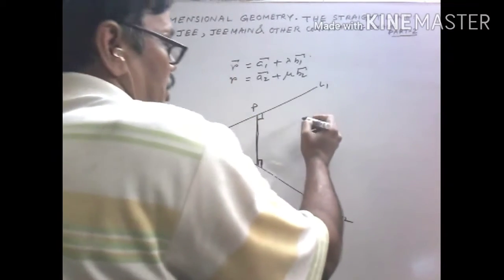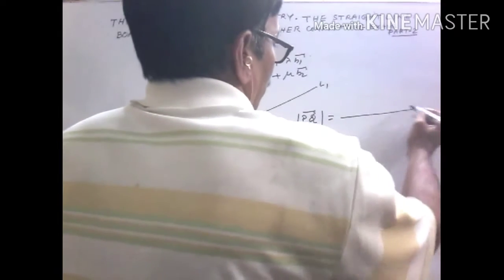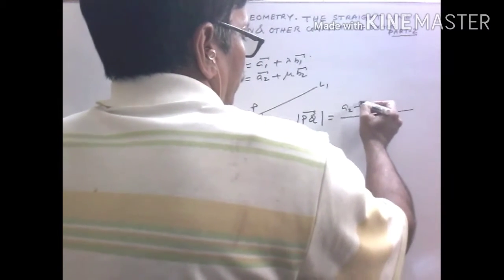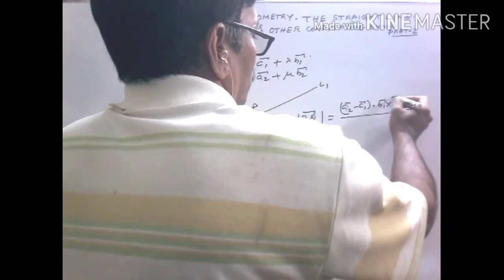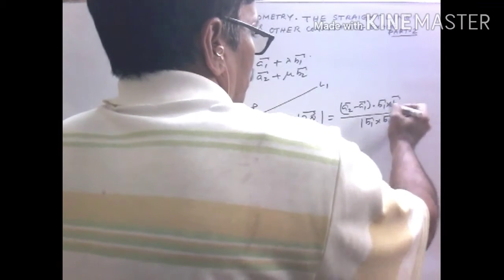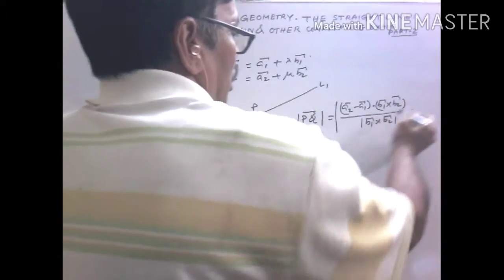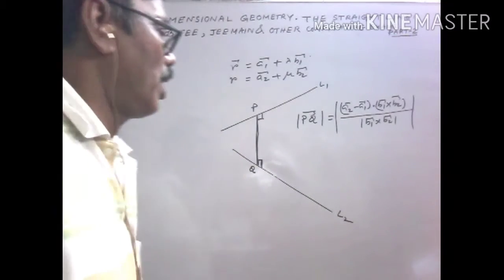And the formula of shortest distance: |PQ| equals |(a2 − a1) · (b1 × b2)| divided by the magnitude of b1 × b2, and total mod. So you have to recall this formula.